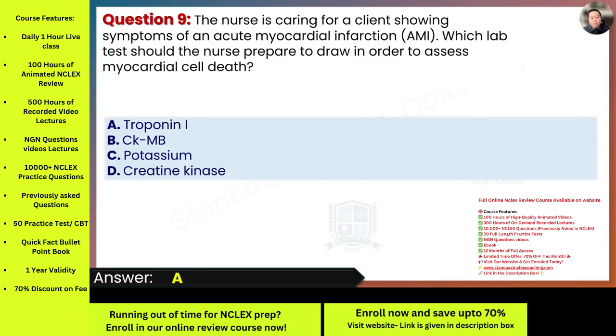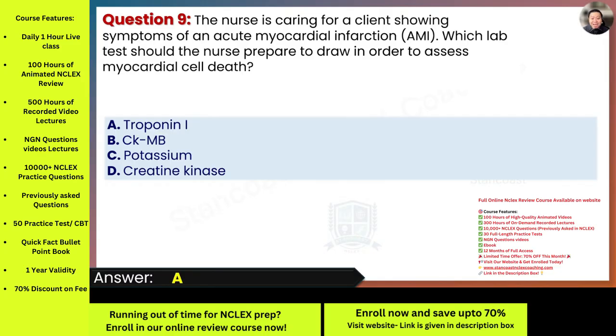Now, when a client shows any signs of acute MI, your main goal is to assess whether there has been damage to the heart muscle. That's why the correct answer here is letter A, troponin I, because this is a protein that is the most specific marker for myocardial cell death.